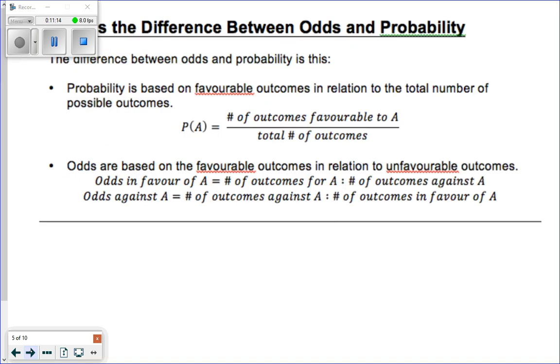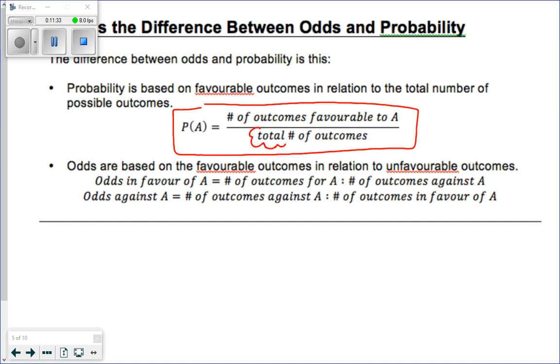Okay, so this is the sheet you have in front of you. This is one I just handed out. So the difference between probability and odds. Probability is number of favorable over total number. It's what you want over everything that could happen.